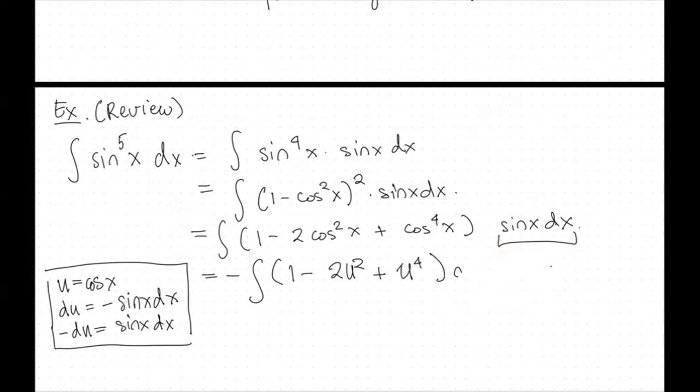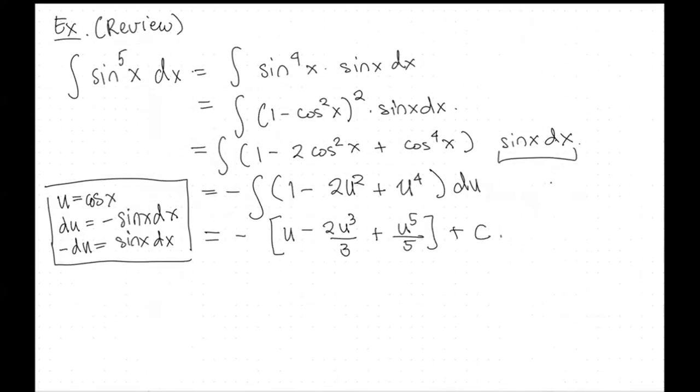Okay, and then du. Now we can apply our power formula. So this is just u minus 2u raised to 3 over 3 plus u raised to 5 over 5, and then plus c. Note that we have to go back to the variable of the original function, the original variable. So in this case, in terms of x.